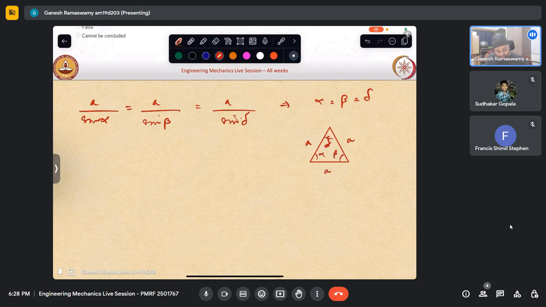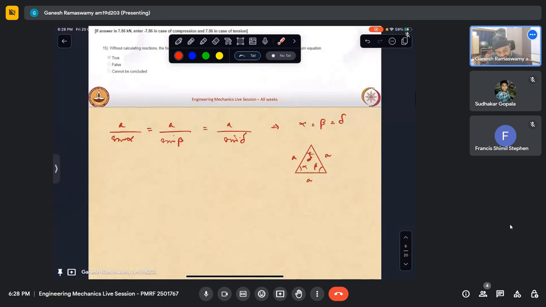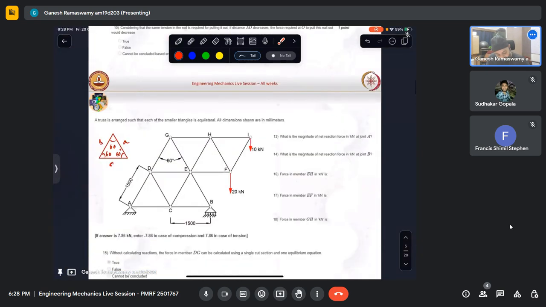So we know the direction cosines of all the forces essentially. If this is the force F, and this angle is 60 degrees, then this component will be F cos 60, and that will be F sin 60. Similarly, we can resolve for everything. So let us just calculate the reactions first for this question, just to know how to proceed.